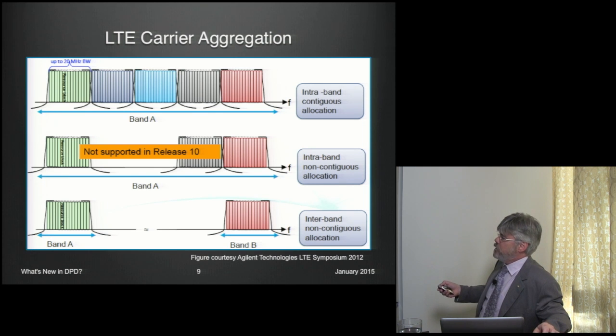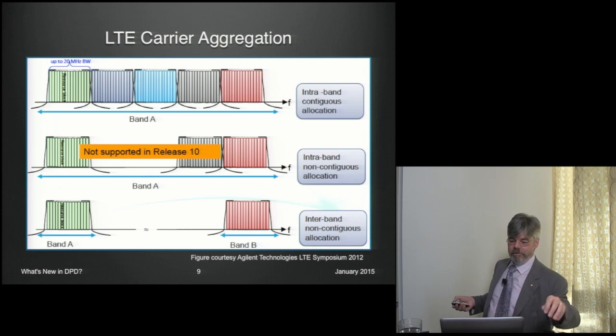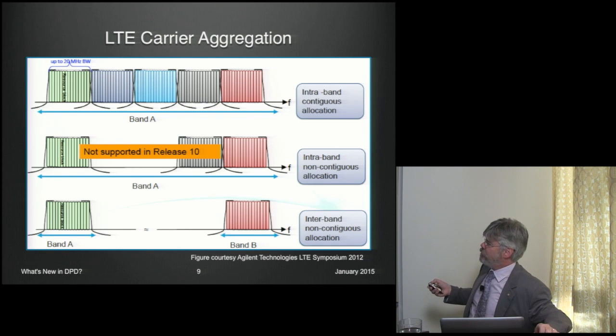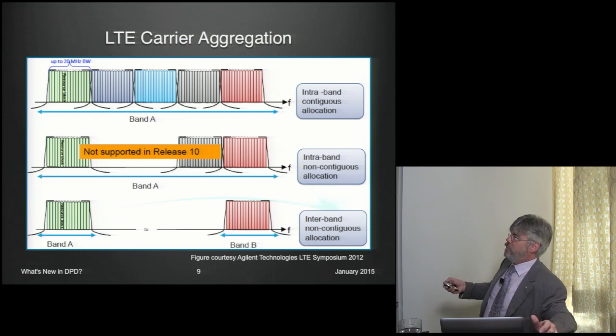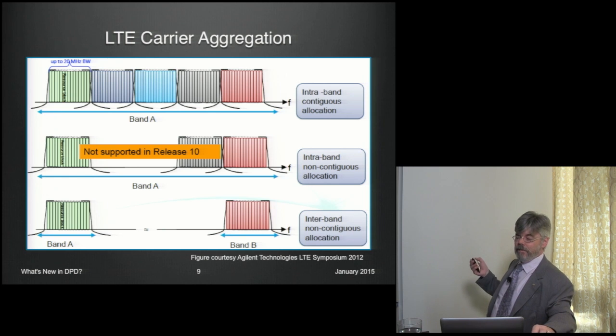So the worst case would be 5 times a 20 megahertz carrier, so this is where the magic, very often quoted figure of 100 megahertz bandwidth comes from. So this is intraband contiguous spectrum allocation. Not many bands are 100 megahertz wide, but band 7 up at 2.6 gigahertz, that's about 70 megahertz wide. But for time domain LTE, there's a number of bands where this actually applies.